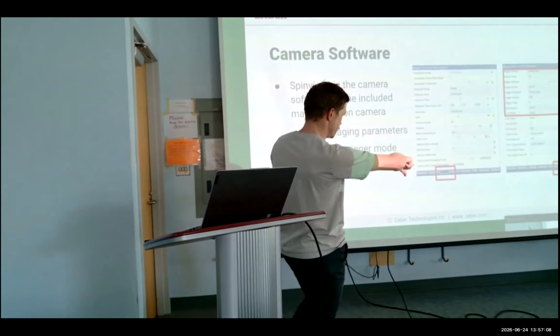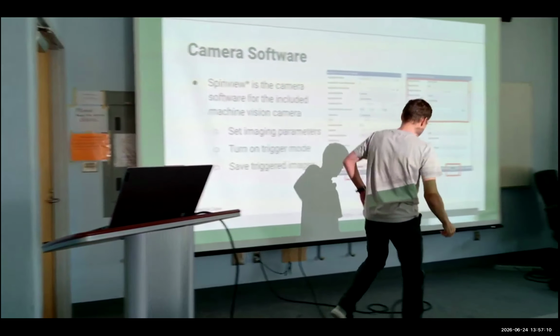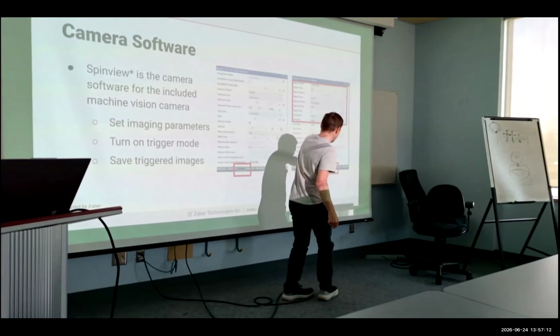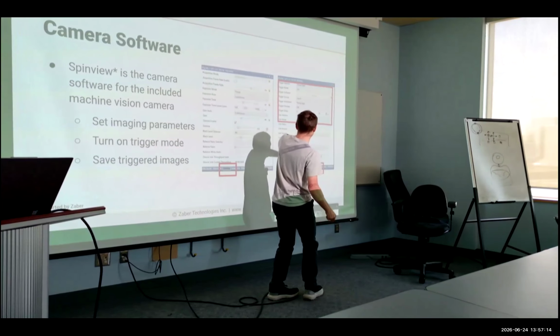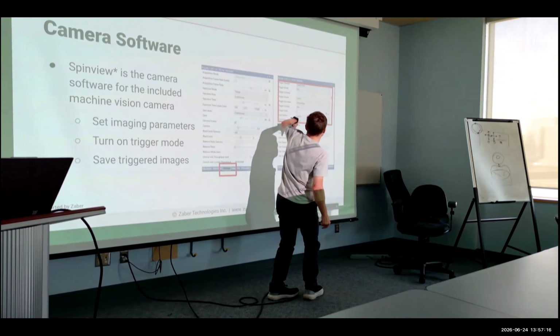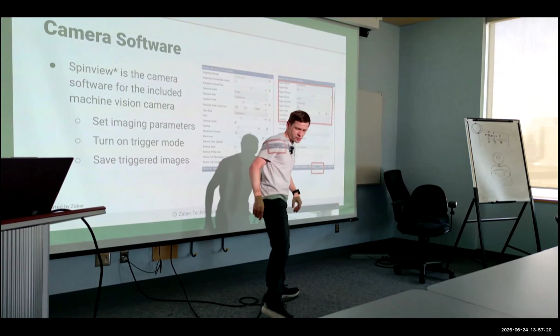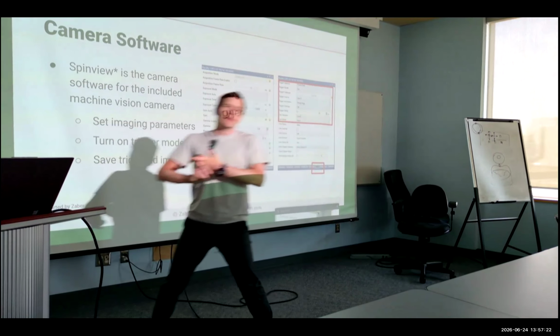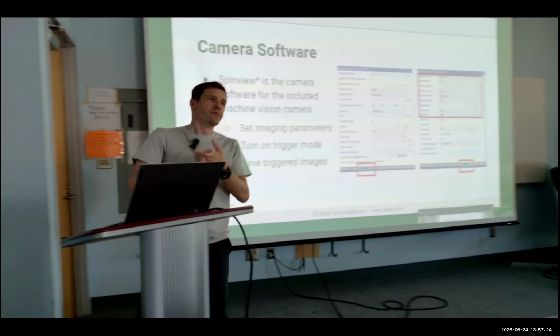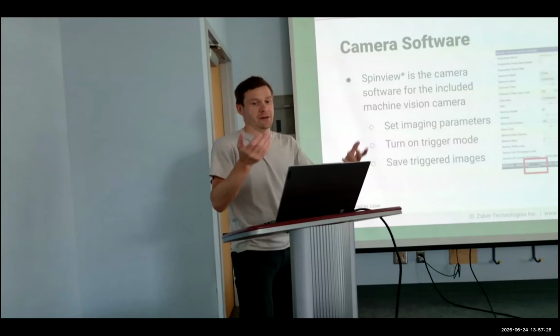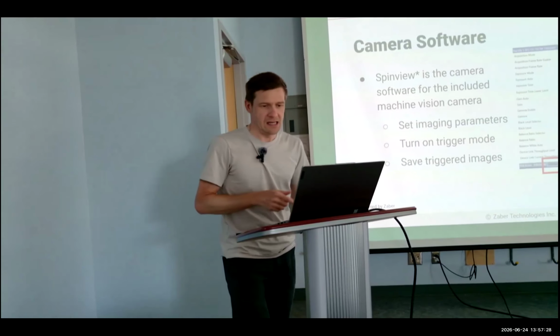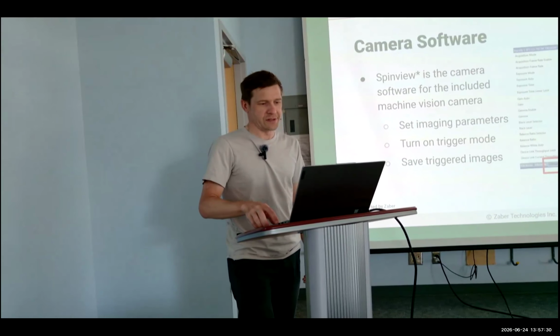So there's a GPIO tab on the camera settings, and we'll make this available. Those are the settings you want to apply, just to tell the camera that when I am triggered, I capture an image. It's pretty straightforward.